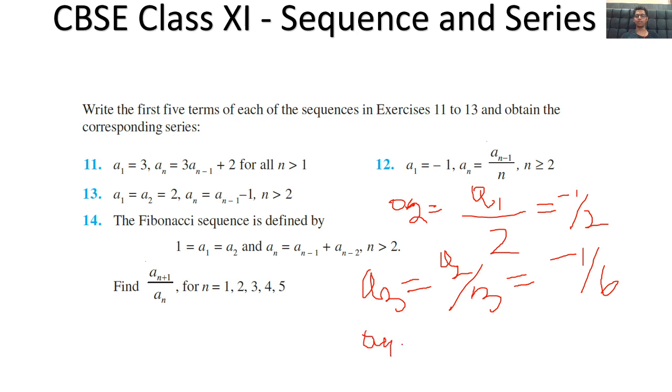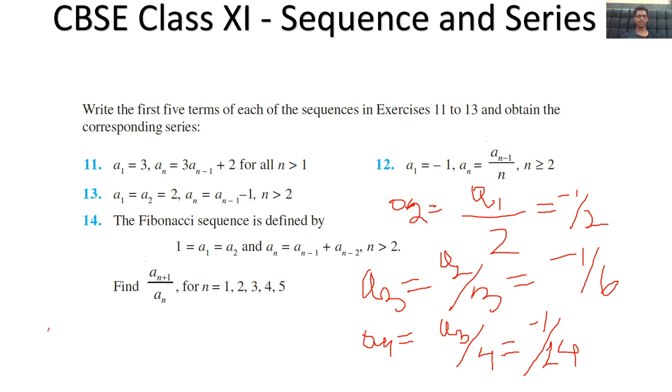a4 is going to be a3 by 4. It's going to be minus 1 by 24. Do verify your answers whether you're reaching the correct answer or not. Over here, accuracy matters a lot.